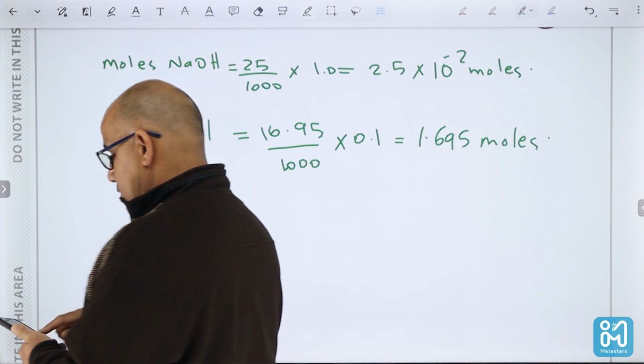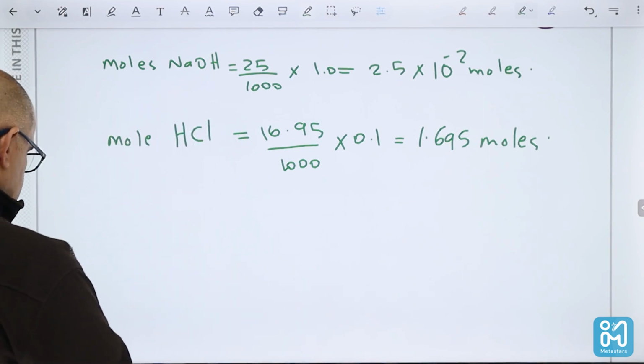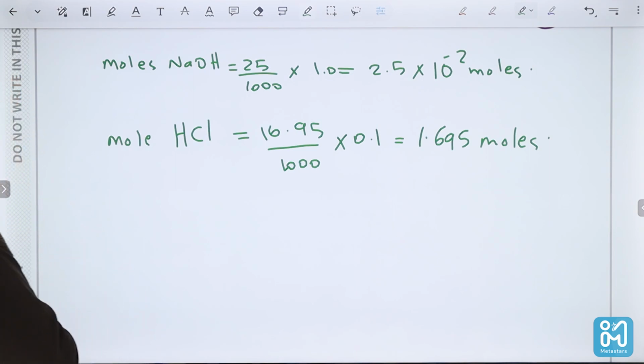Then the moles of NaOH remaining in the 25 equals how much?